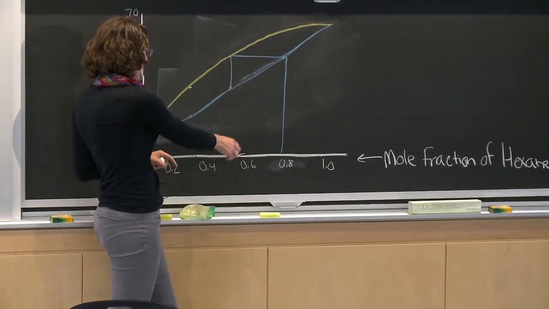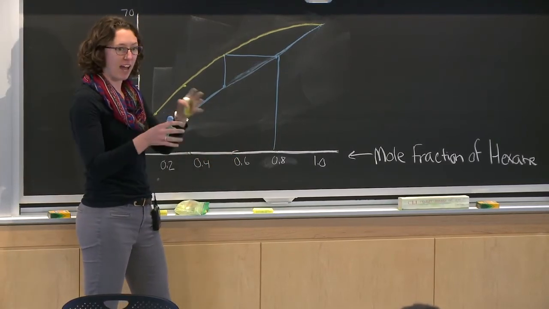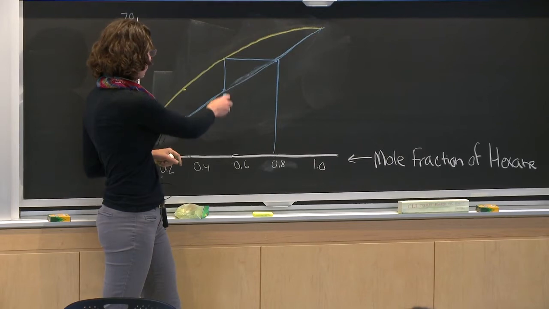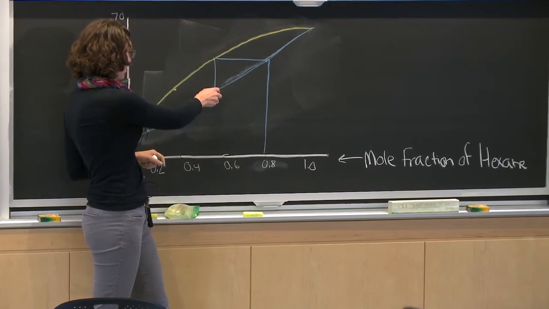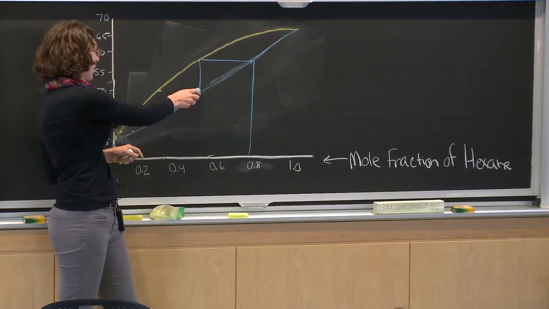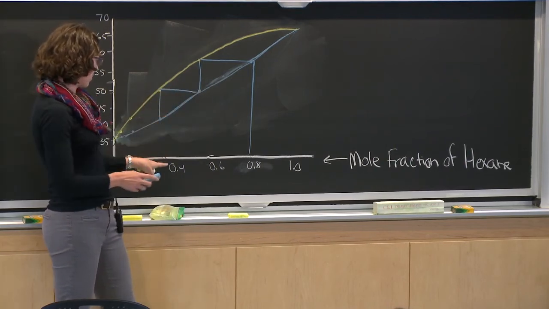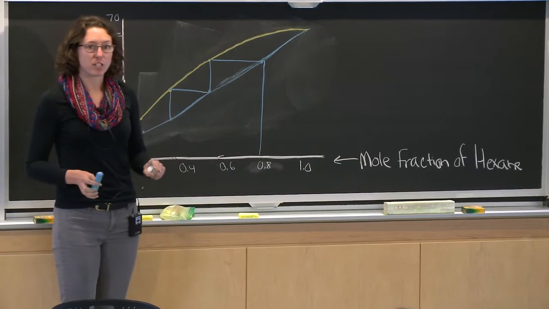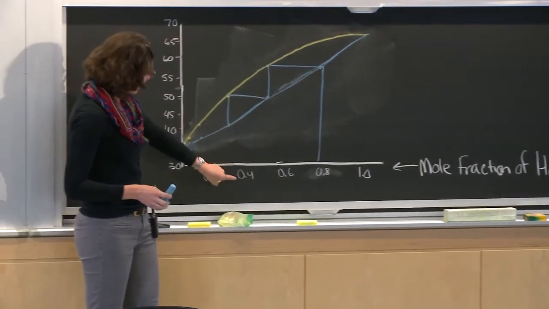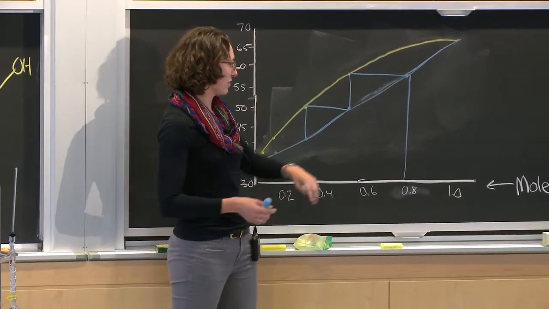If we take a starting mixture that has about half and half hexane and pentane, and we heat that up to its boiling point, which is now going to be lower because it has a higher fraction of pentane in it, and then cool it down and recondense it to the liquid phase, now our mixture has a little less than 0.4 mole fraction of hexane.